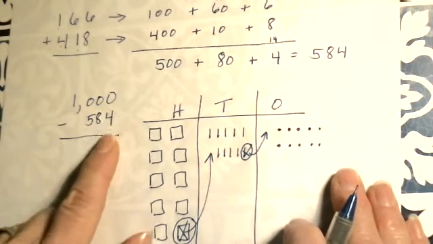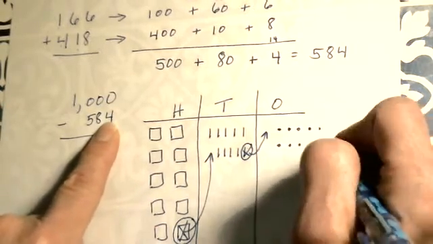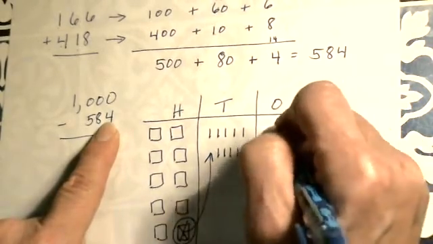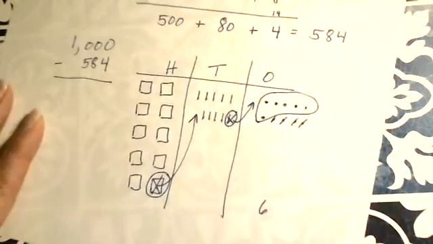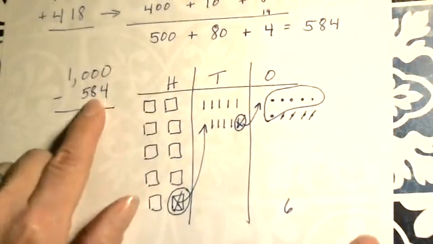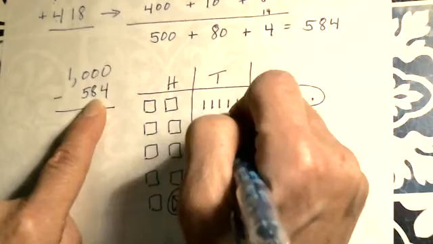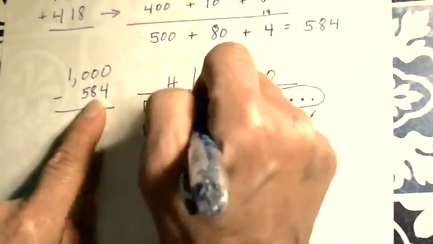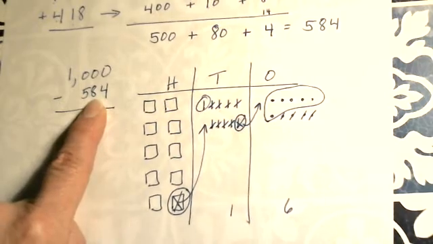Now I can start subtracting. I always start from the ones. I subtract 4. 1, 2, 3, 4. And I have 6 left. Then I have to take away 8 tens. 1, 2, 3, 4, 5, 6, 7, 8. And I have 1 ten left.